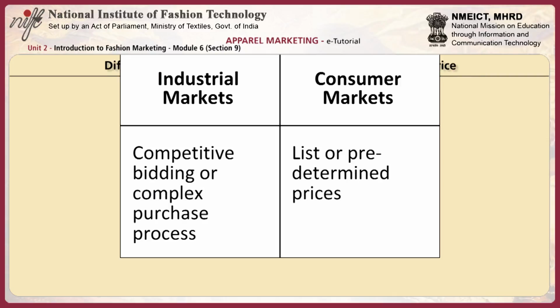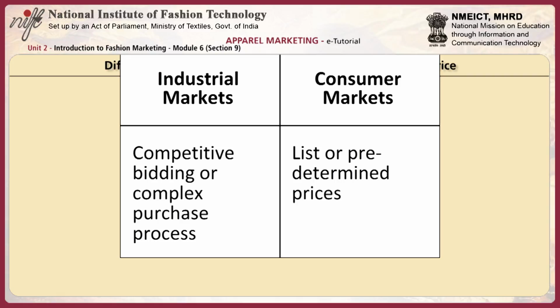When it comes to pricing of industrial products, the pricing is done on the basis of competitive bidding or the result of complex purchase processes. The purchase or import of machinery may involve complex purchase processes involving many ministries, and the final price would be based on various rounds of competitive bidding and various taxes, imports and excise.